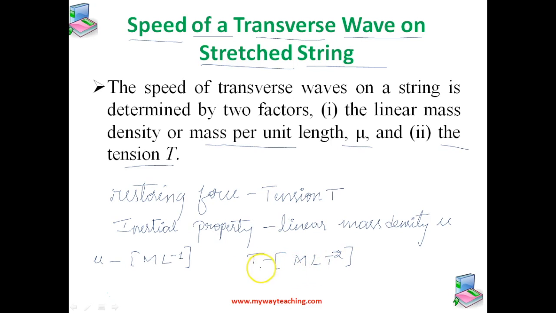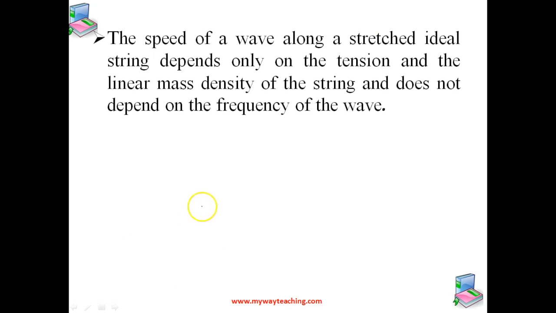So when we combine these two, we get the dimension of speed v, which is given by L T raised to minus 1. So we combine these two with this dimension of v.